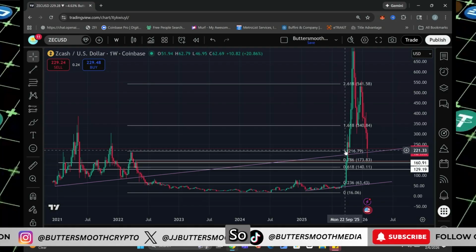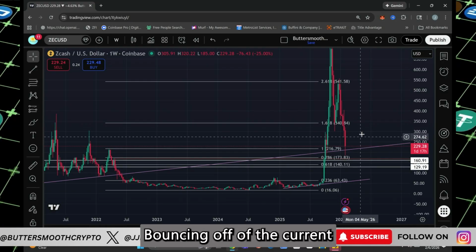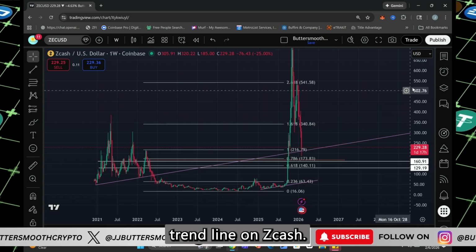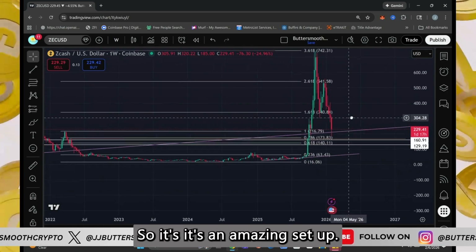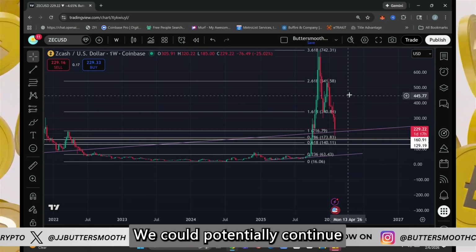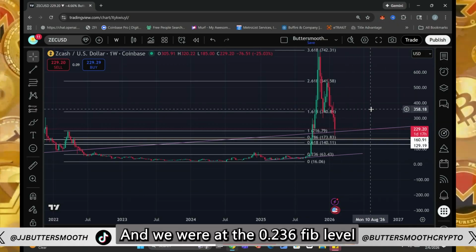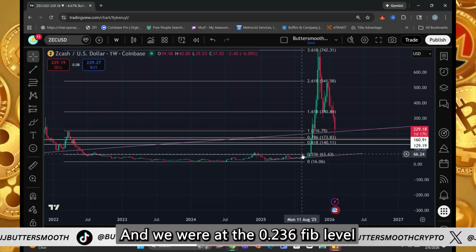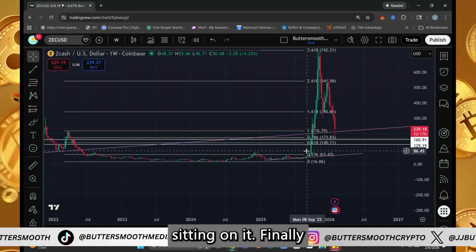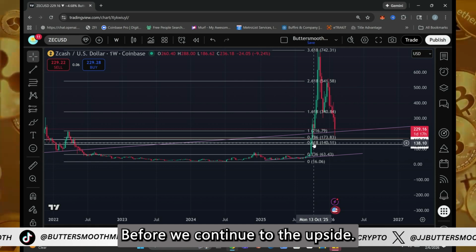So, not financial advice, but great opportunity bouncing off of the current trend line on Zcash. It's an amazing setup. We could potentially continue to the upside. The last token we covered was Dash, and we were at the 236 fib level, finally testing it as support before we continue to the upside.